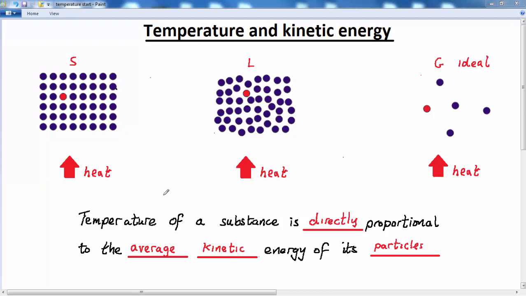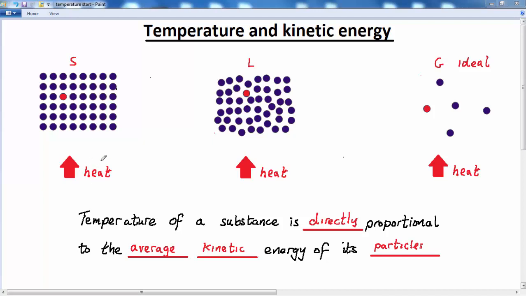Now I would like to mention something very important here before we move on, and it is this: although in each case the temperature of the solid or of the liquid or of the gas is directly proportional to the average kinetic energy of the particles, when I heat the solid or the liquid, it is not true that all of this energy is converted into kinetic energy. Some of the heat will be transferred into the elastic potential energy due to the cohesive forces that are holding the particles together.